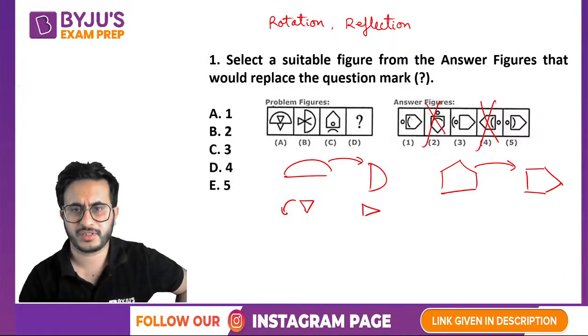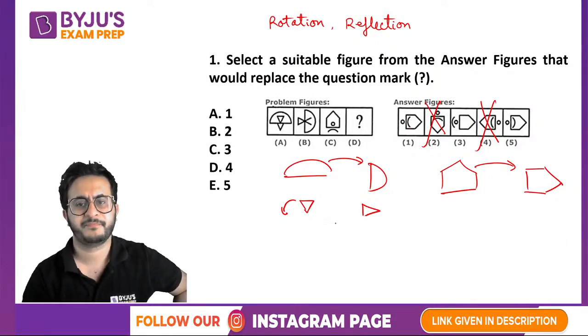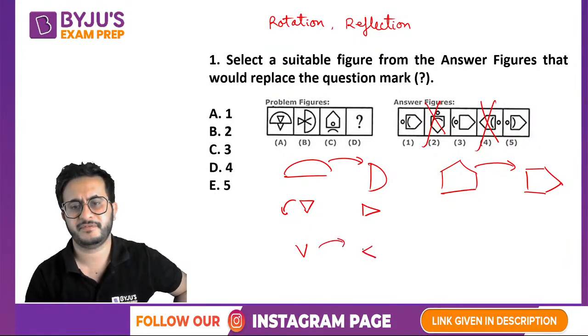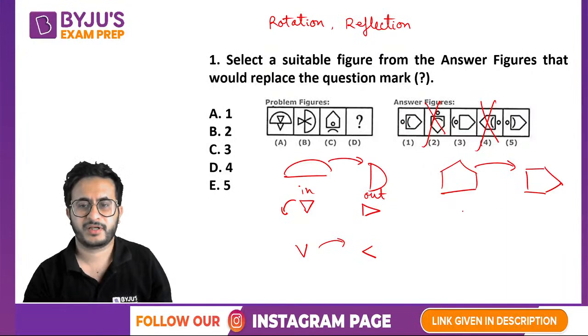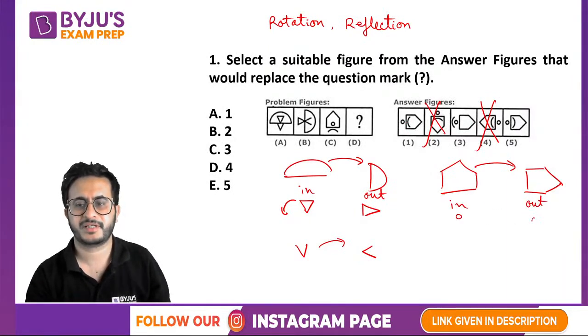The triangle that was inside, the circle will come outside but will not have any effect. Now the third element is this V shape. And V shape got rotated in this direction, it went inside. So it was in and it came out. Circle is inside, circle when comes outside will look like a circle only. So circle, if it is in and out, it will remain as circle itself.